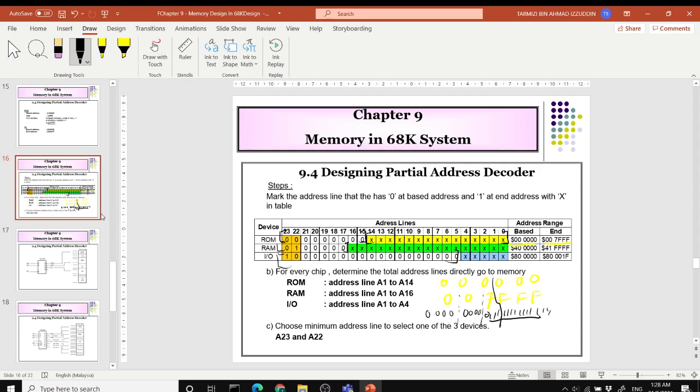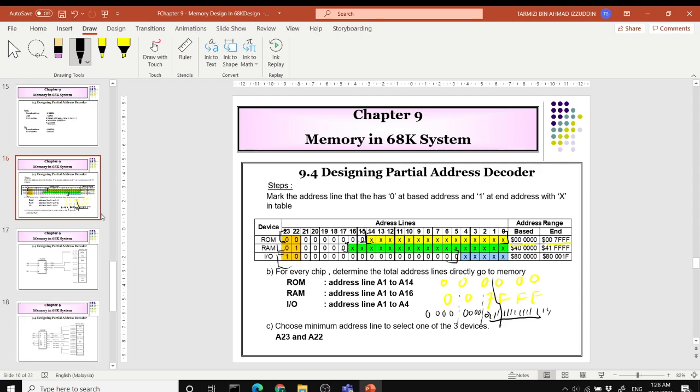From now on, we are going to design a partial address decoder. By the name itself, we're not going to use the balance of the full address. We are going to use a part of the address to connect to your address decoder. In a partial address decoder scheme, we want to use as few address lines as possible.